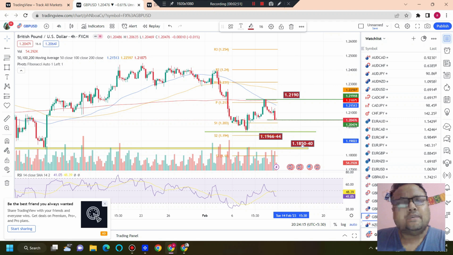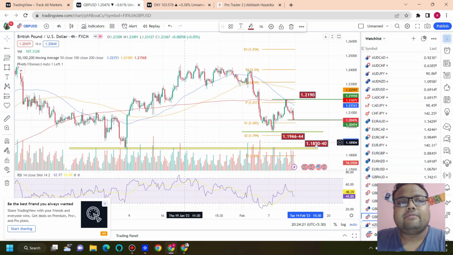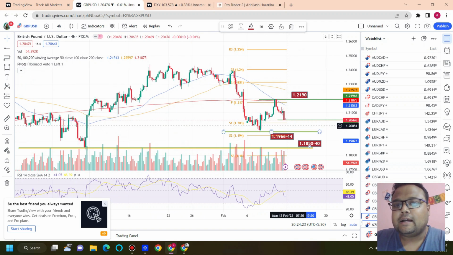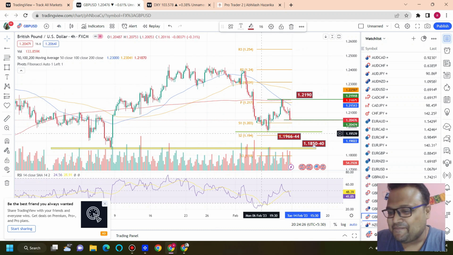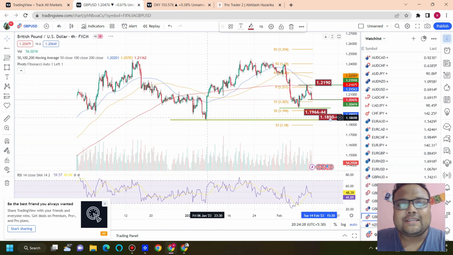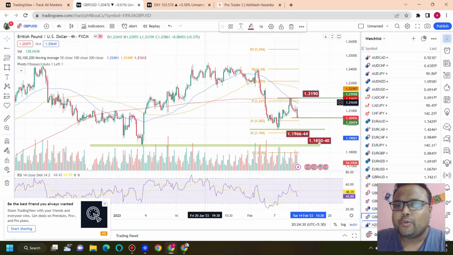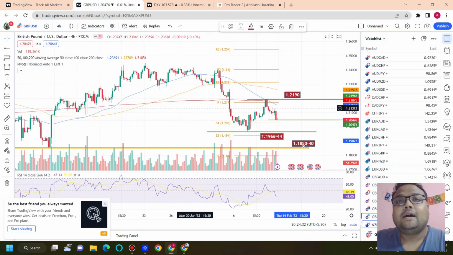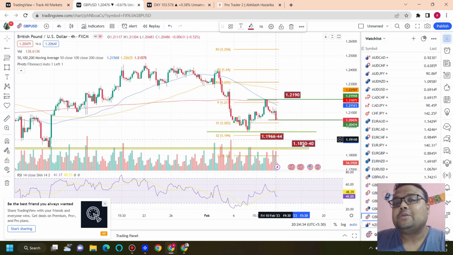In case GBPUSD shows extreme selling, with big red candles, then 1.1850 to 1.1840 is the level that will help us because of strong price rejection around this area. So we can hope that the market will get the required support around these levels again.